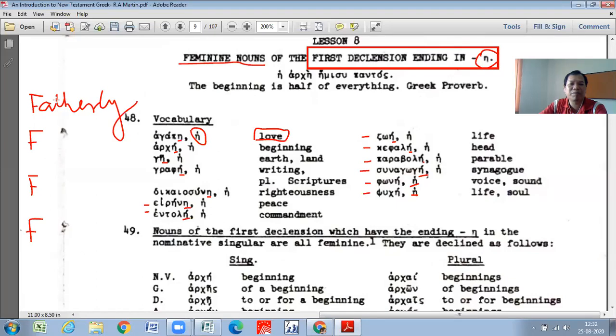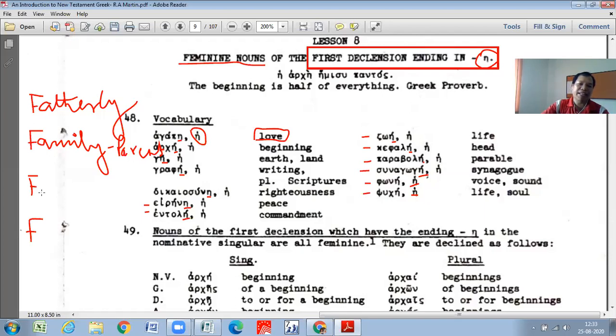Fatherly love, the love of God the Father. This is agape love. The second F, I call it family. Family love, we have parental love, right? How the parents love their children, which in Greek is storge.